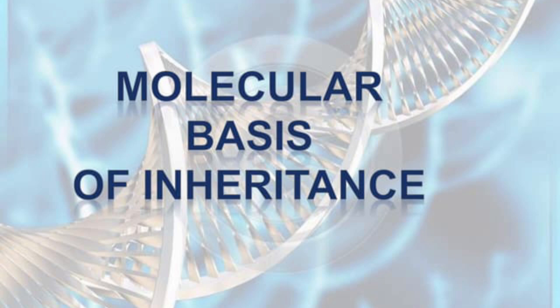There are two types of nitrogenous bases: purines, that is adenine and guanine, and pyrimidines, that is cytosine, uracil, and thymine. Cytosine is common for both DNA and RNA, and thymine is present in DNA. Uracil is present in RNA in the place of thymine.